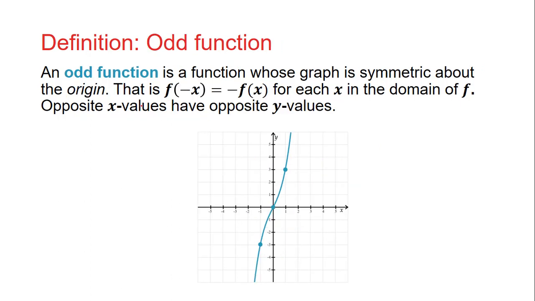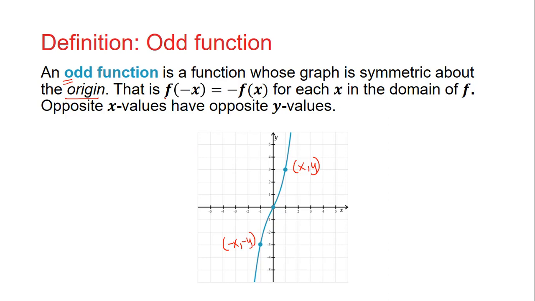For a function to be an odd function, its graph is symmetric about the origin. So think about odd, origin, both starting with O's. And remember that in this case, if x, y was on the graph, negative x, negative y was also on the graph for every x in the domain.